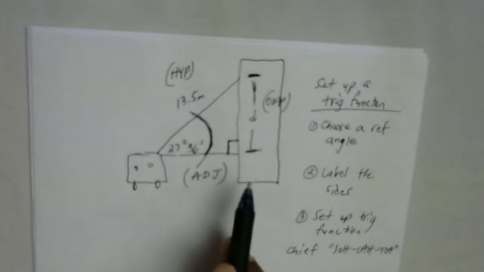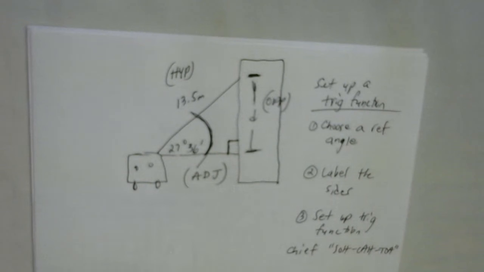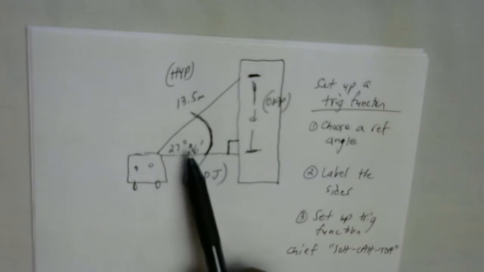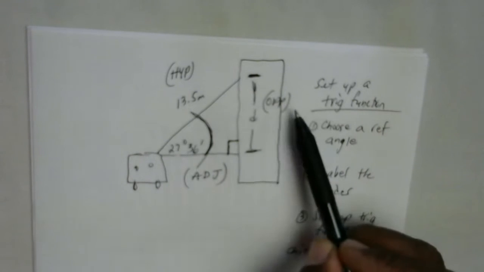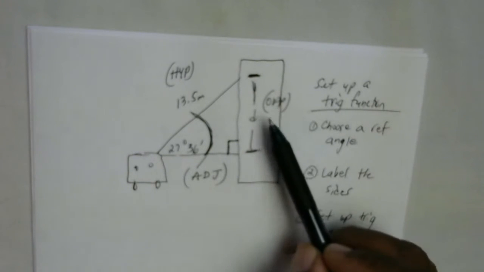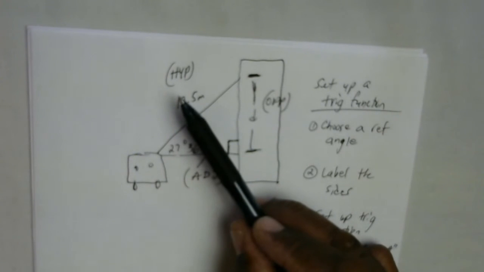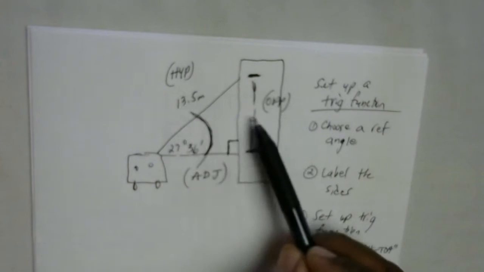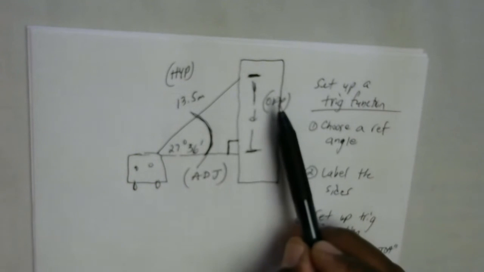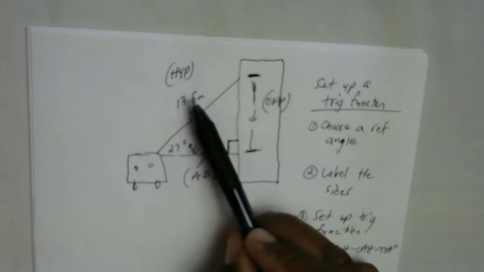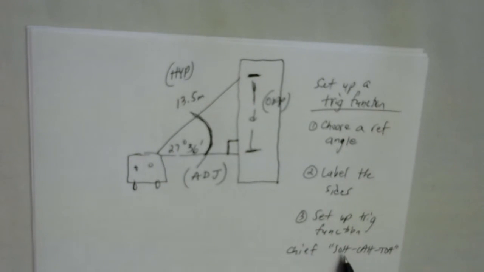When setting up the trig function, we should only have one unknown. I know my angle measure. We have to use D because that's what we're asked to find, and we know our hypotenuse. So if I look at all my given information, I have to use my opposite, and I'm going to use my hypotenuse because I know the value. If I look at Chief Sakatoa, I could set up a sine function.